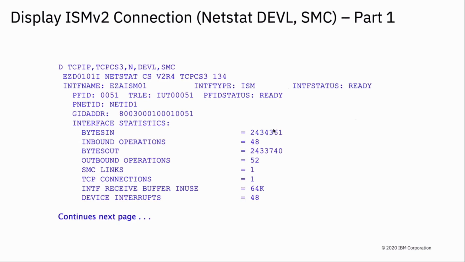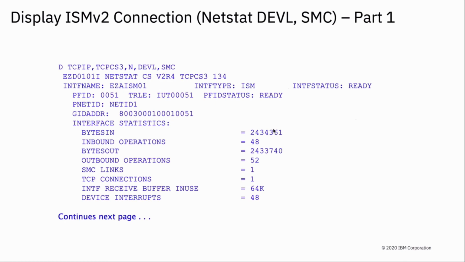This is a Netstat DEvlinks display that was introduced back when SMC was originally introduced. If you've used SMC, you've seen it. If not, this might be totally new to you, but the DEvlinks SMC display will show you all the interfaces that are using SMC. So in this first display, and this goes over a couple of slides, you see the EZAISM01 interface, and since it's not U1, you know it's an associated interface.